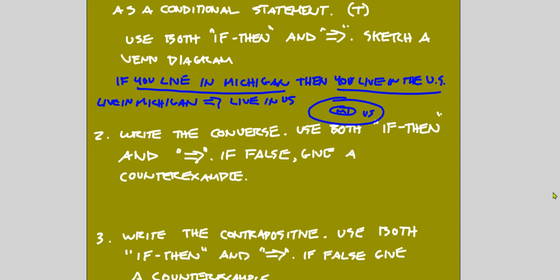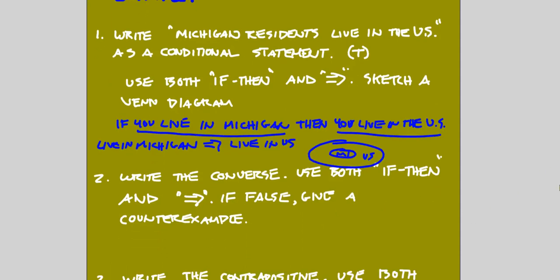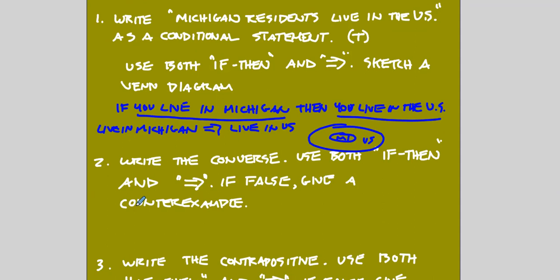Okay, so let's write now the converse. So for the converse, I'm going to use both the if-then statement and the if-then statement using the implies symbol. And if this is a false statement, we're going to give a counterexample. Okay, so if you live in the US, then you live in Michigan.